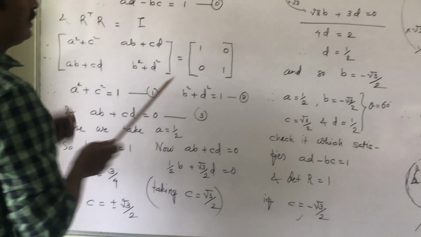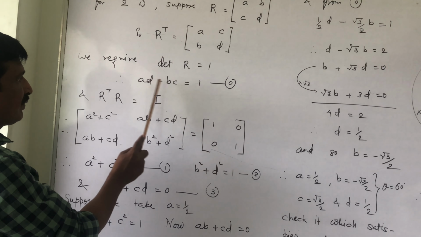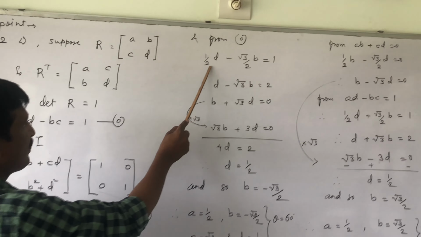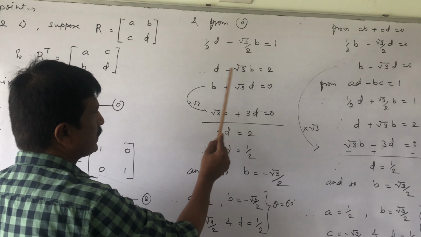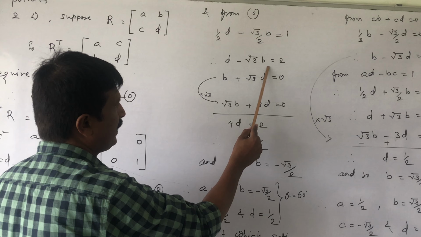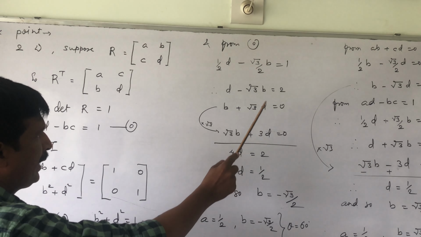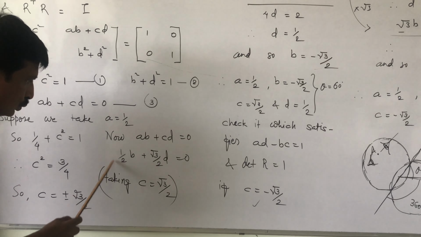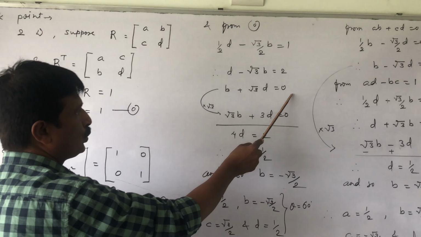And from AD minus BC is 1, with A half and C plus root 3 by 2, we get half D minus root 3 by 2 B equal to 1. Multiplying both sides by 2, we get D minus root 3B equal to 2. And multiplying the other equation by 2, we get B plus root 3D equal to 0.